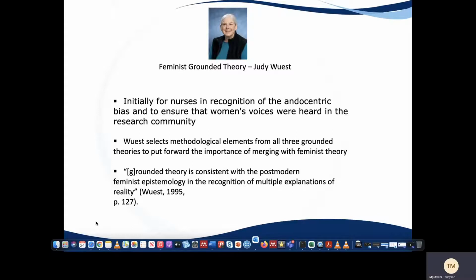Basically, this feminist grounded theory was initially used really in the world of nurses in the recognition of a kind of bias that exists, and it was really to do with emphasizing that the views of women are heard within the research community.